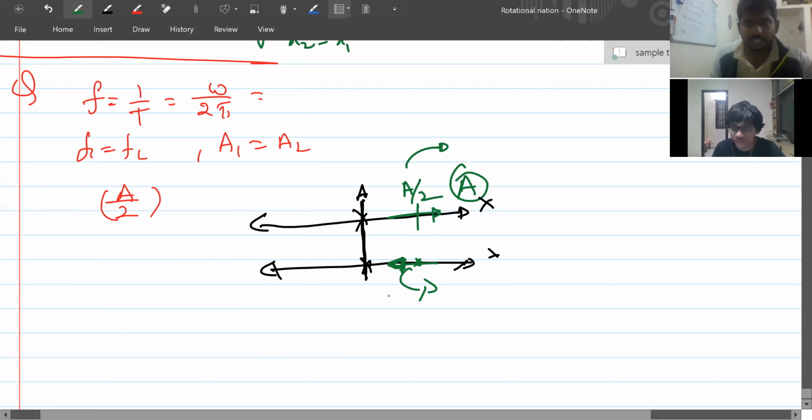In cosine terms, if you write, the first thing is what? Suppose it started at the mean position and is going towards the right side, or it started at the extreme position and is going towards the left side. Let me check here. A by 2 to A, what is the time taken?